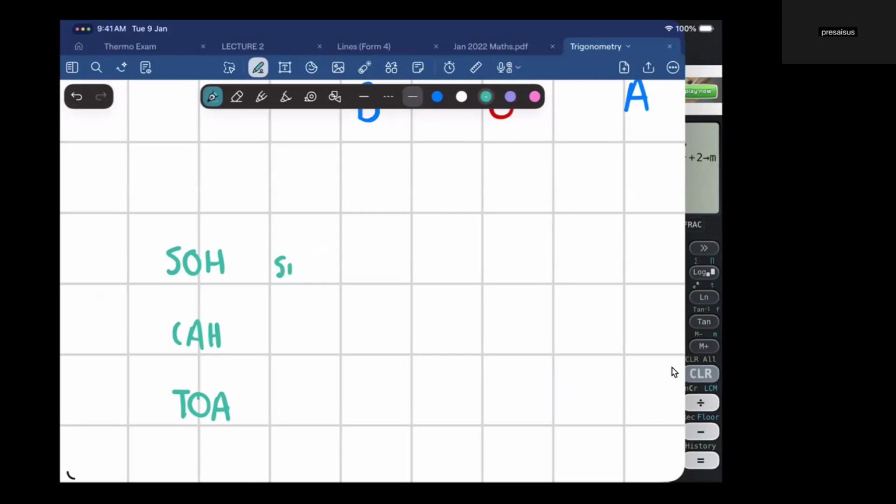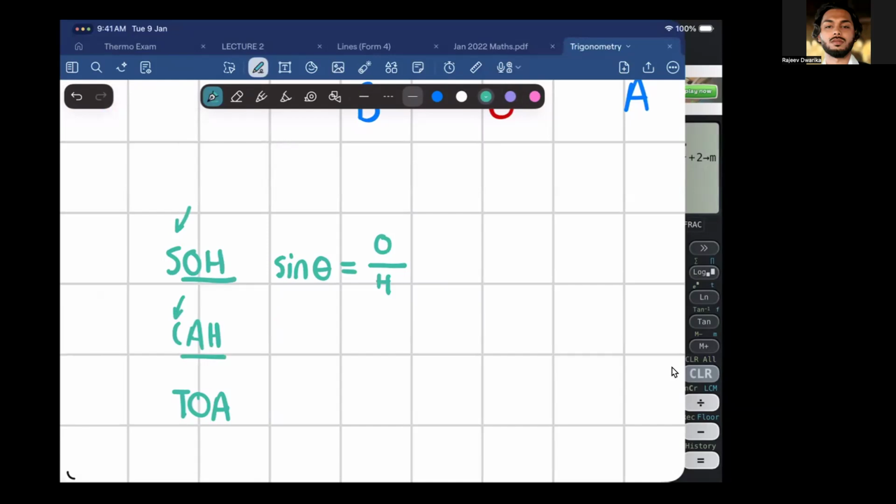Sine. So you'll say sine theta is equal to what over what? It's O over H. That's why it's SOHCAHTOA, right?